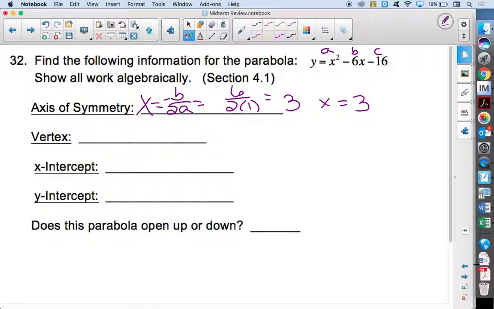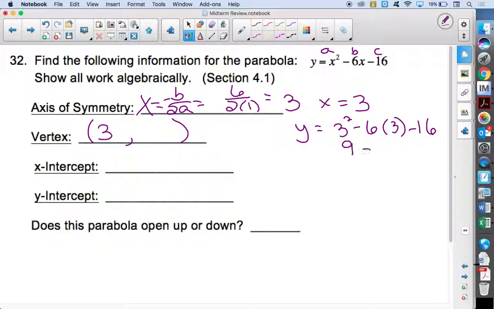In order to get the vertex, what do you have to do? Plug in 3 for x in the equation. Right, so the vertex is an ordered pair, and the first number of that ordered pair is the axis of symmetry that we just found. So we take that 3 and plug it in. So 3 squared, negative 6 times 3, minus 16.